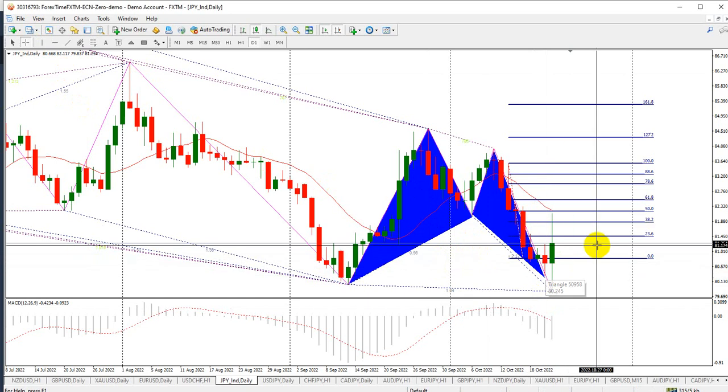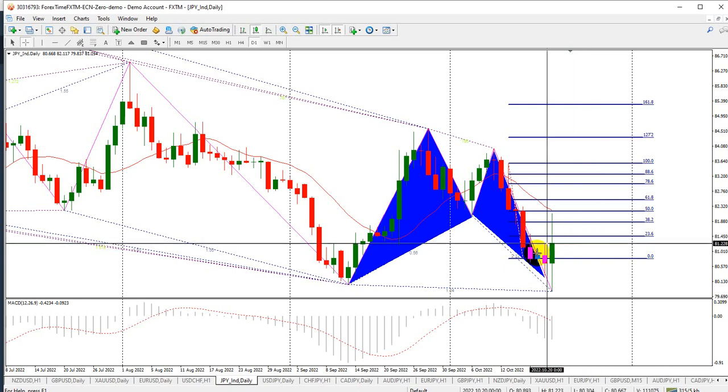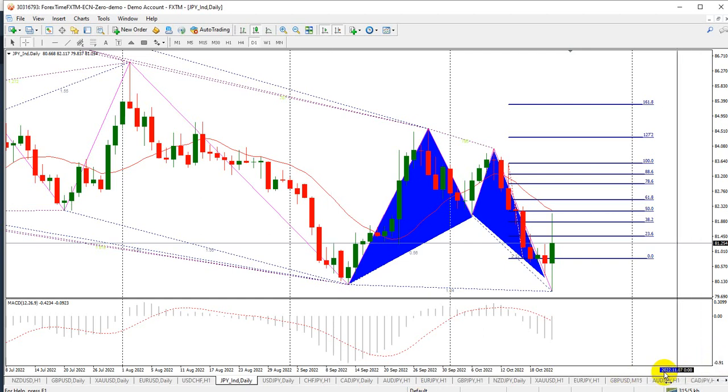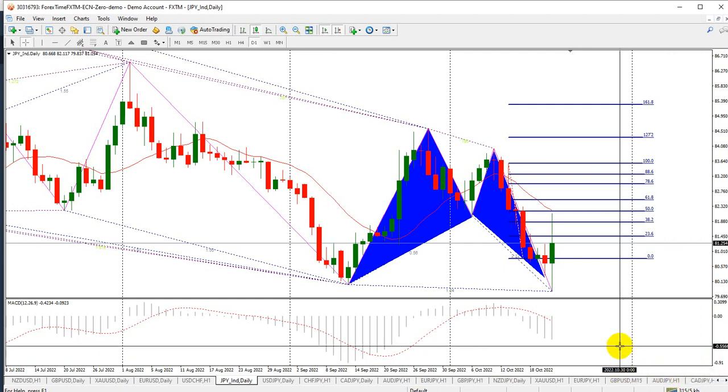up. And I told you that very soon, as the JPY index starts to go up, all other JPYs will be strengthened, and then JPY pairs will fall, like USD JPY, CHF JPY, CAD JPY, GBP JPY, Euro JPY, and also AUD JPY will fall.